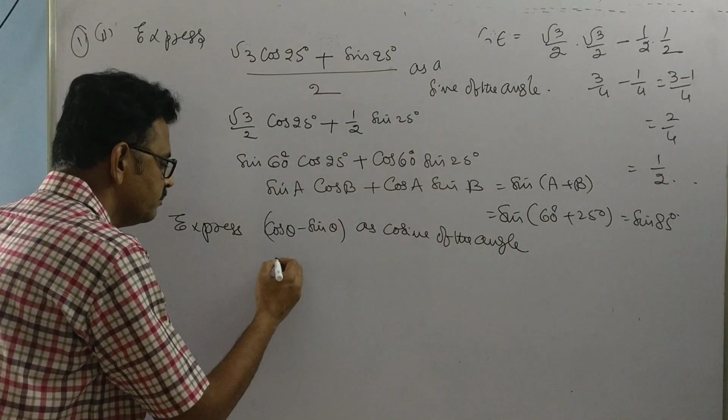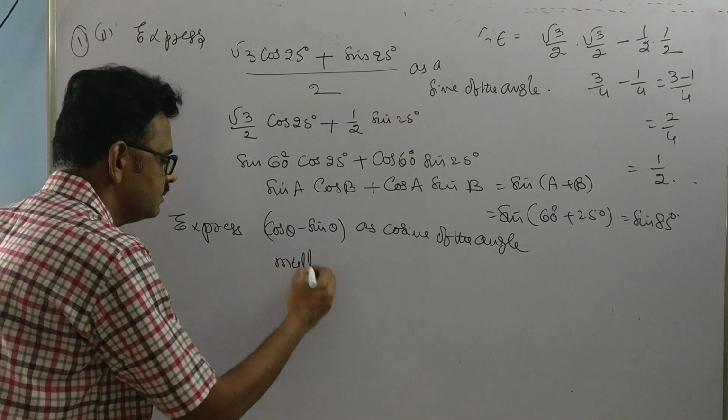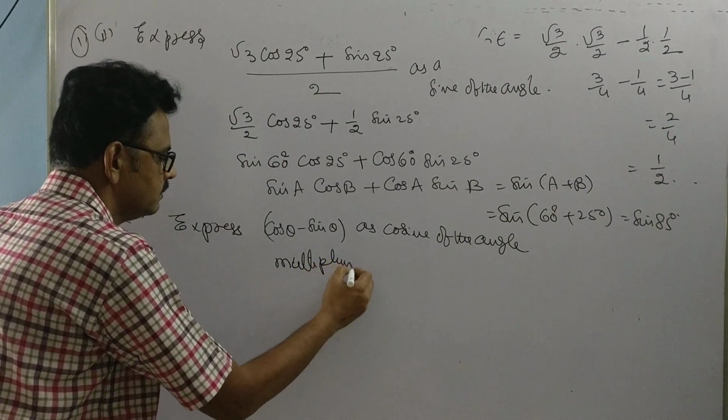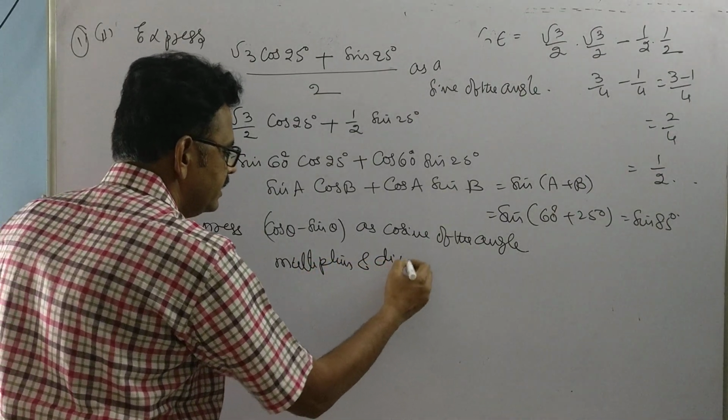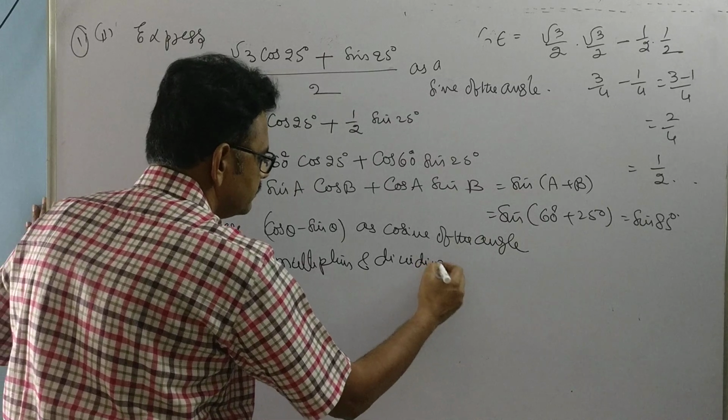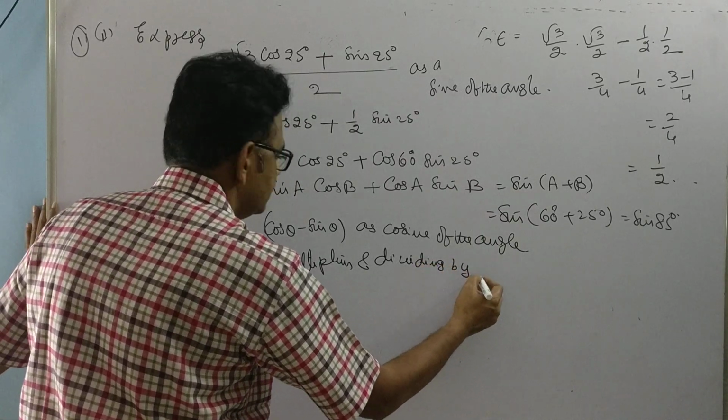So you are multiplying and dividing by root 2.